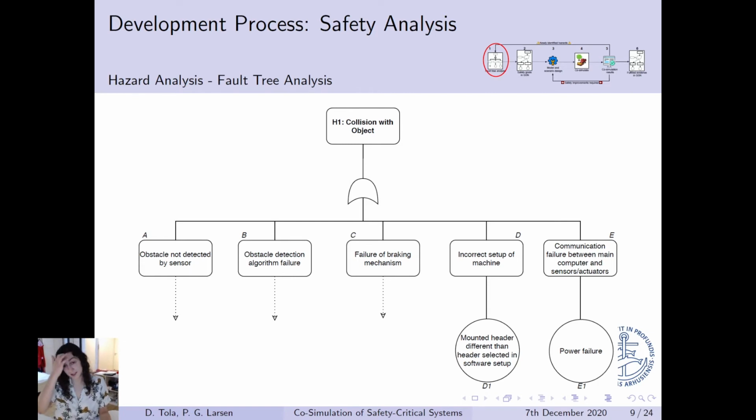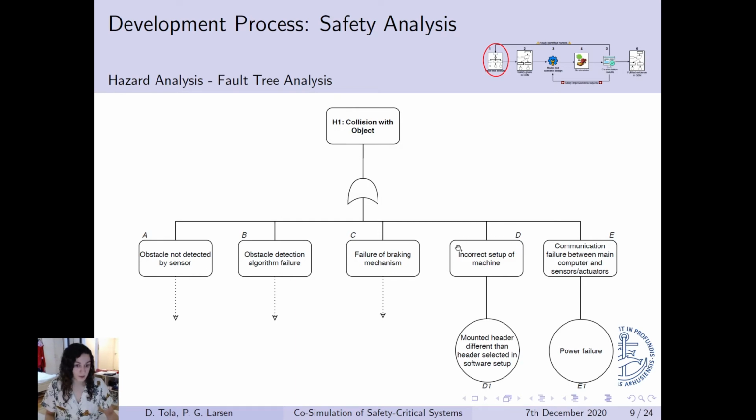And fault tree analysis, as you can see, we have our hazard up here, H1 for example, and we have an OR gate. So this can be caused by either obstacle not detected by sensor, obstacle detection algorithm failure, and so on. So you have kind of a tree structure where you define it can be because of this or this or this or this, for example.